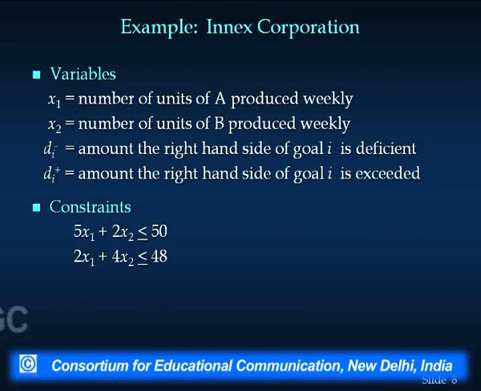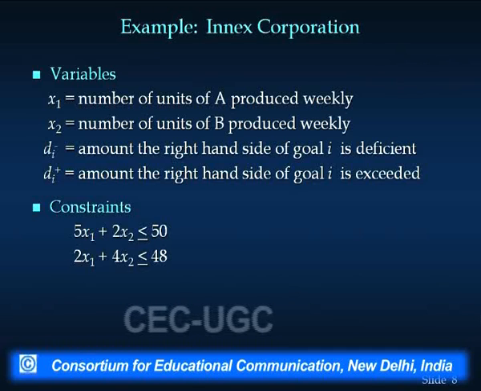Let us assume X1 is the number of units of product A produced weekly, and similarly X2 is the number of units of product B produced weekly. And now Di minus and Di plus are the deviation variables we will add.